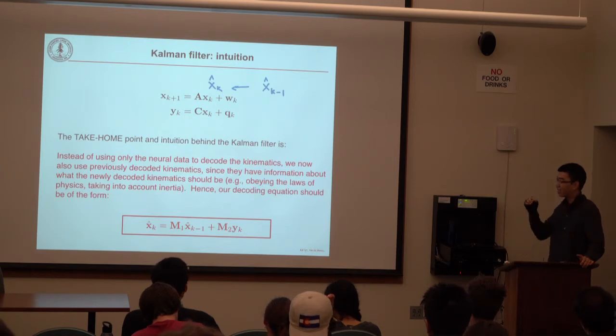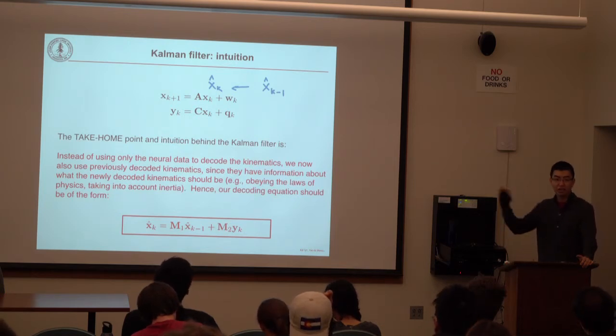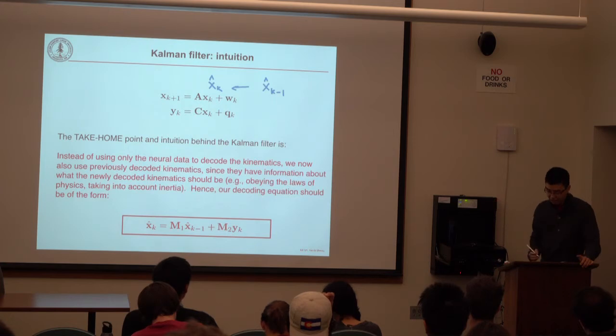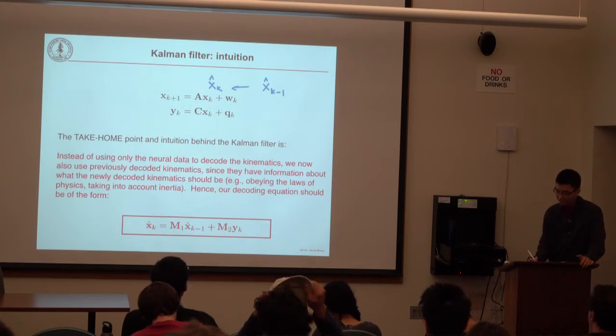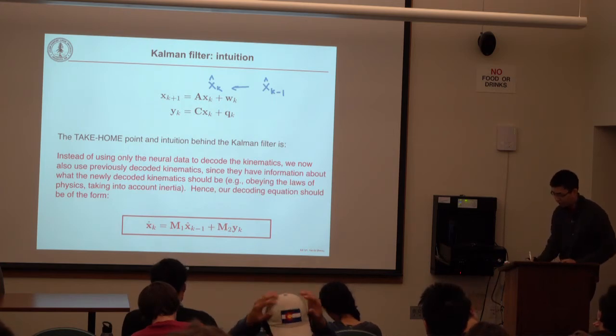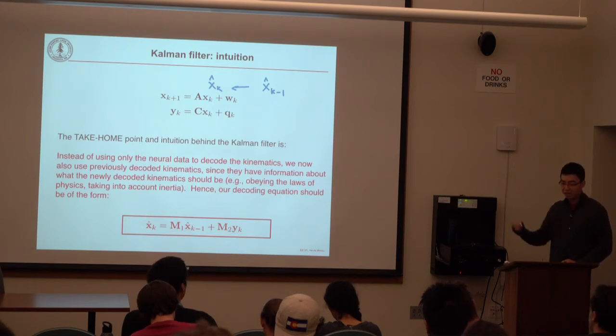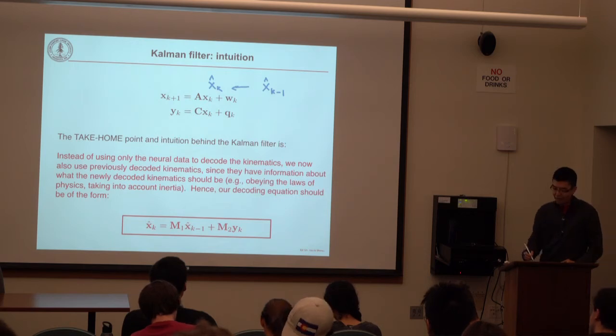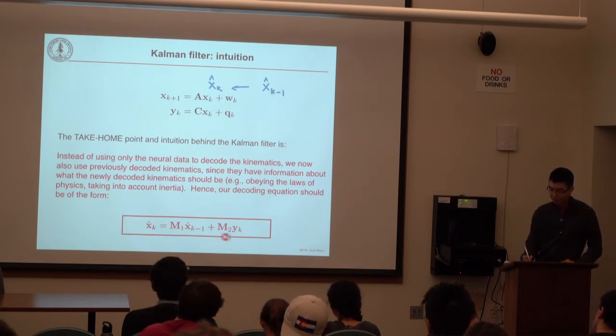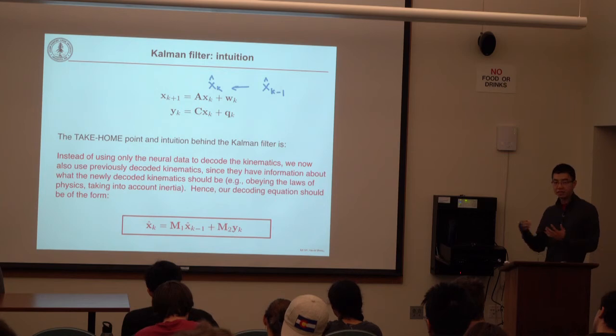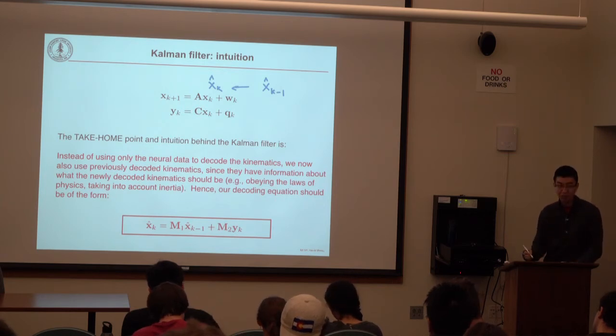And so in this case, our decoding equation has now been updated. So instead of the x hat of k being just a linear combination of the y_k's, we now have that x hat of k is equal to some matrix times x hat of k minus 1. So this describes the evolution of the state, and then plus some neural data times the matrix. And so this describes the observations.